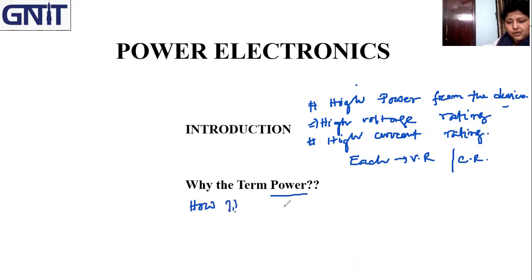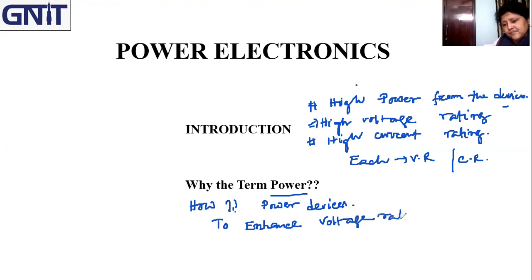How it will be obtained. Now see, while we are fabricating all those power devices, a very observable issue is that when we have to enhance the voltage rating, the same devices we have to put in series, right?